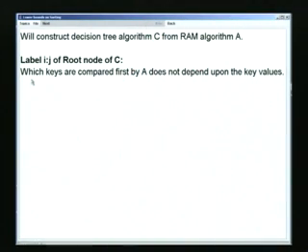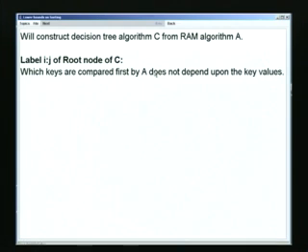The main idea is that which keys are compared first by A, our RAM algorithm, does not depend upon the key values. Why is that? Well, A is going to read things and then it is going to compare. It is not going to look at the keys and base its decision on which keys to compare on the value of any key.